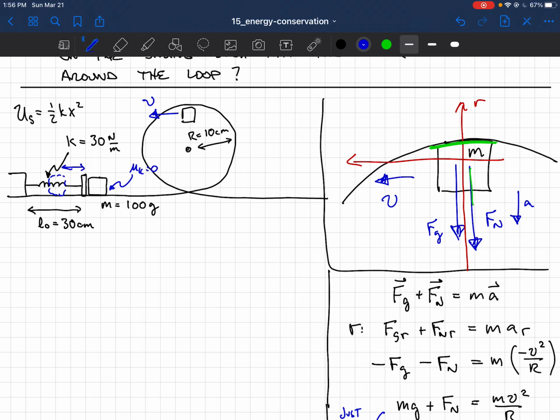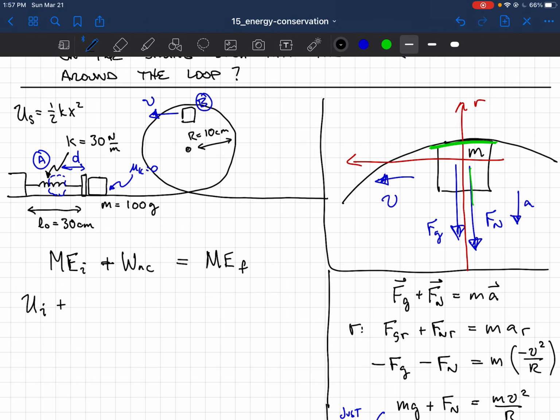Case A will be when you push it back by amount d. So it starts out here, and then B will be up here. And we just need to connect mechanical energy between those two points. So we get mechanical energy initial plus work non-conservative is equal to mechanical energy final.